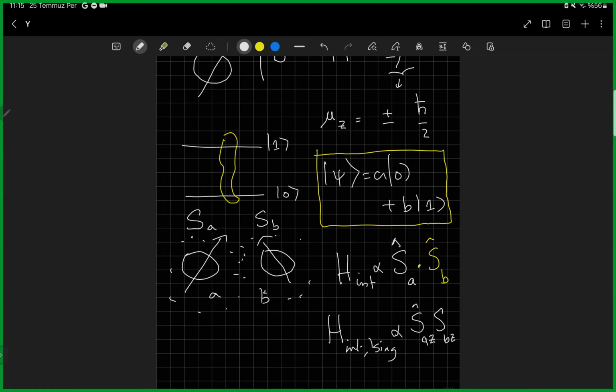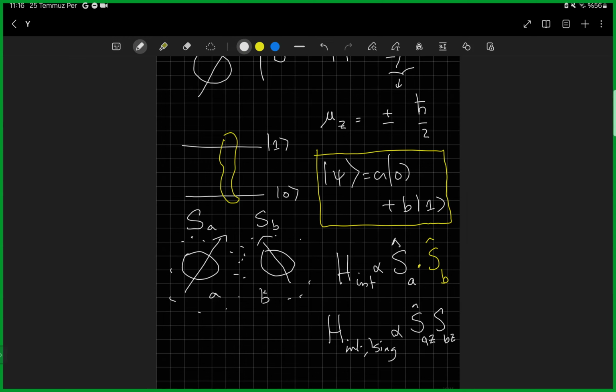When you have the two components, z, x, or y, and you take the product of those two components, this is Ising. On top, you have the Heisenberg interaction. So both of these interactions can exist. So there's interaction between qubits in the spin degree of freedom. The spin itself sees a magnetic field, so you can implement one-qubit and two-qubit gates in the spin picture, in the spin manifold.